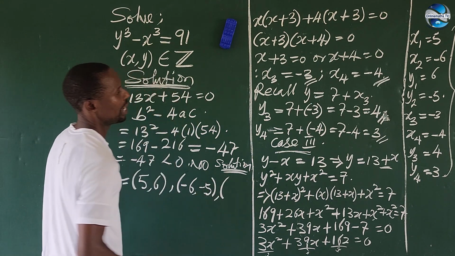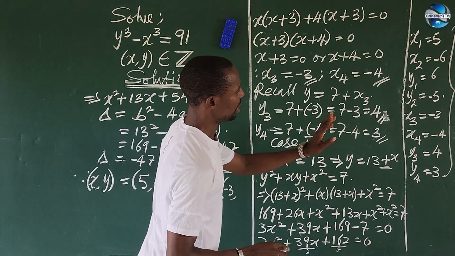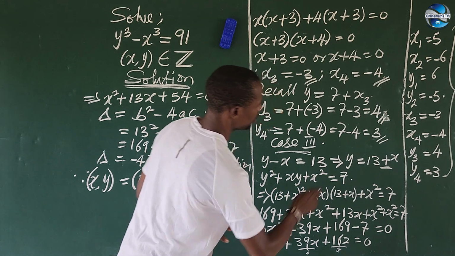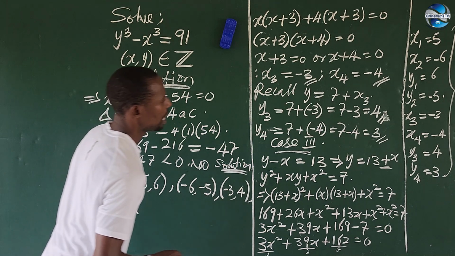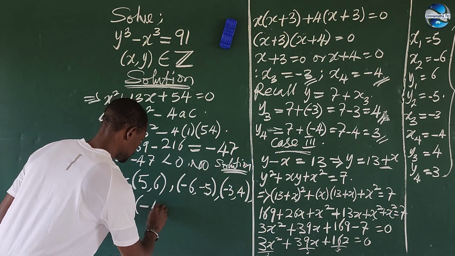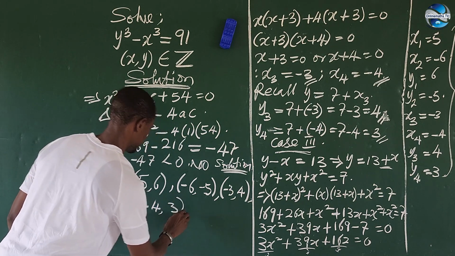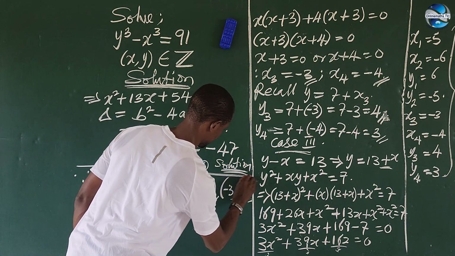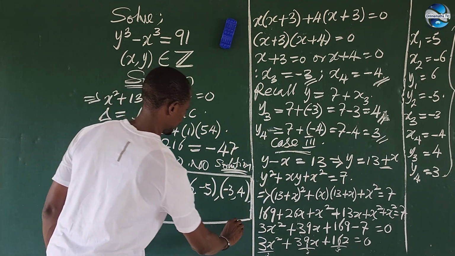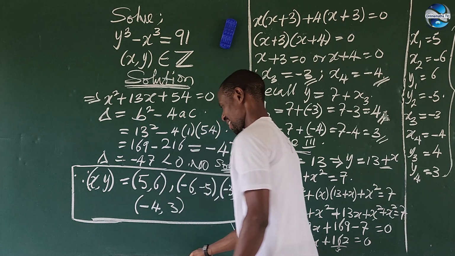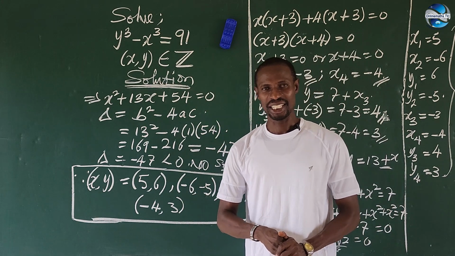Then x3 is minus 3, y3 is 4. Lastly, x4 is minus 4, and y4 is positive 3. All right, so these are the pairs of x and y that will satisfy this math problem.